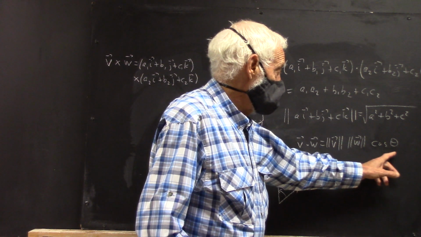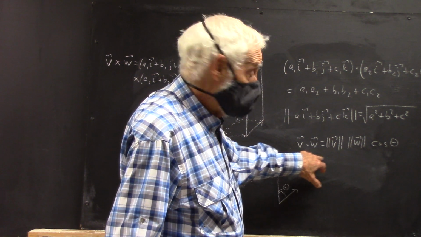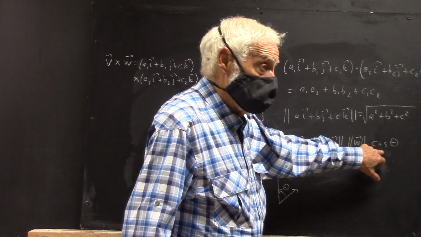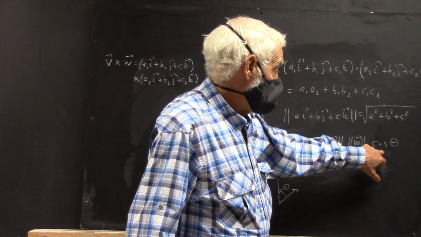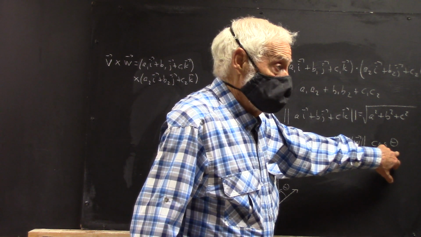That's because the cosine of theta, whether the dot product comes out positive or negative, could be positive or negative, but theta is always going to be positive. Okay?